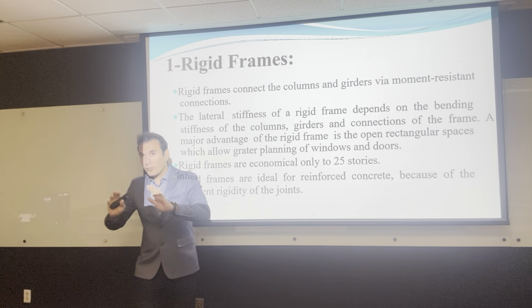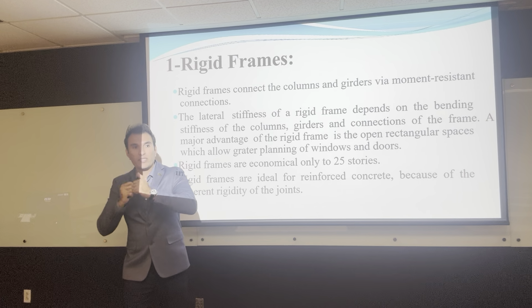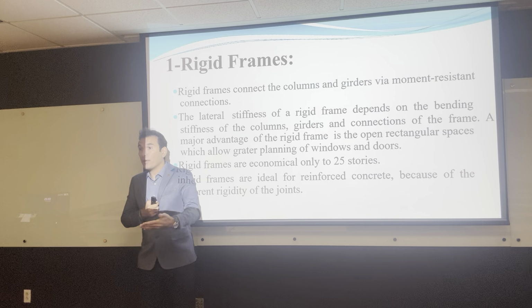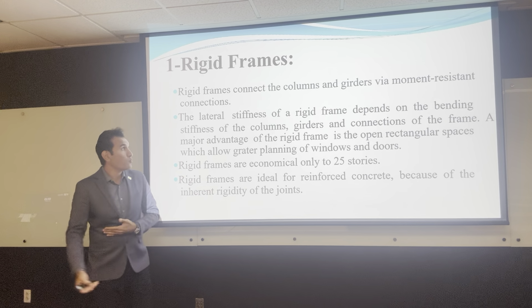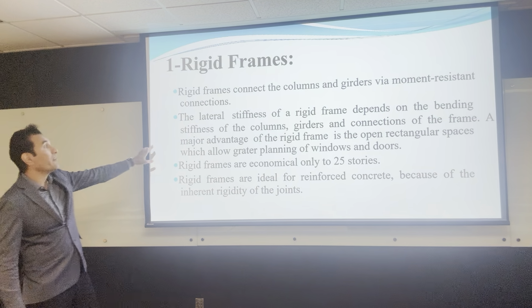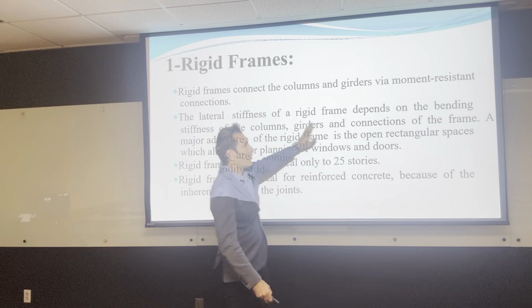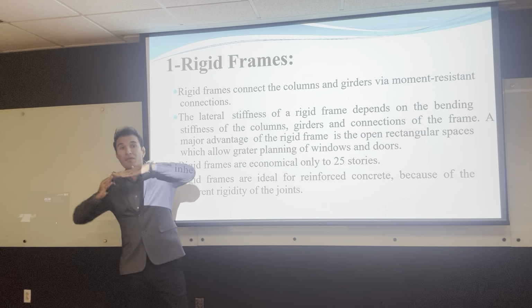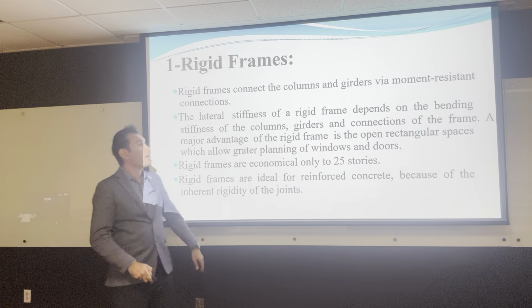When you push your building, this connection wants to open. If you design it in a specific way, it's going to take more moment. That means it can resist the lateral loads more. So the lateral stiffness of the rigid frame depends on the bending stiffness of the columns, the girders, and the connection between them.